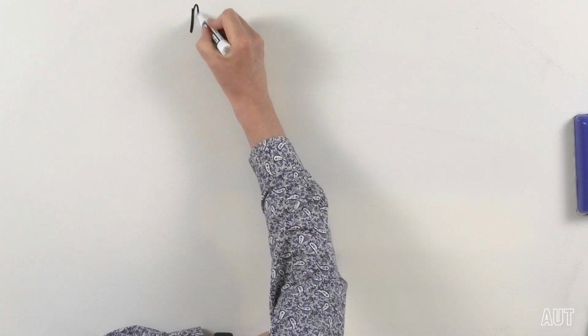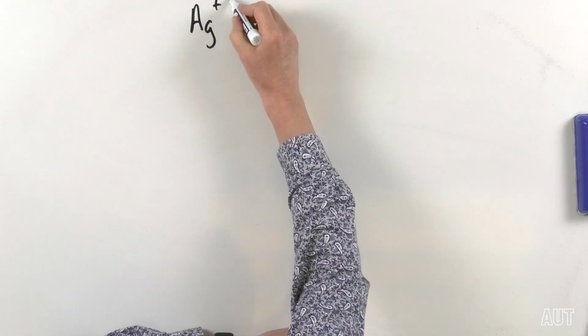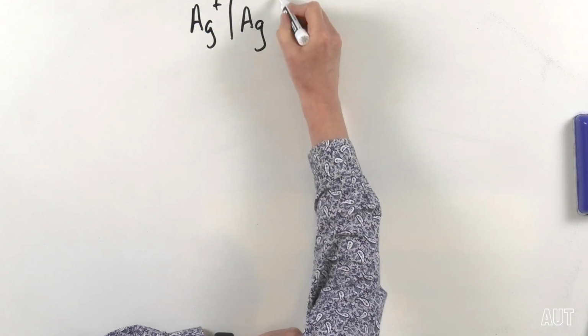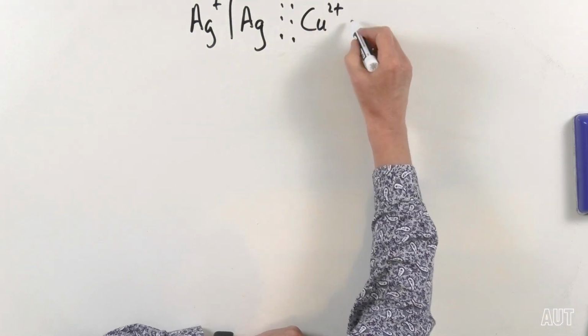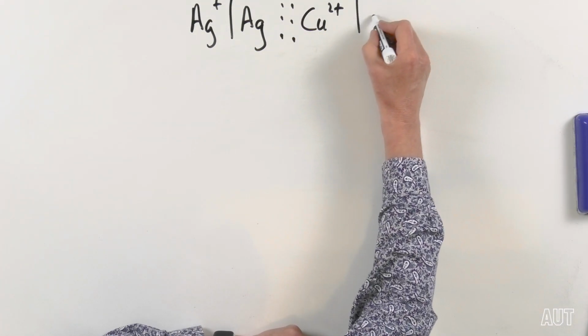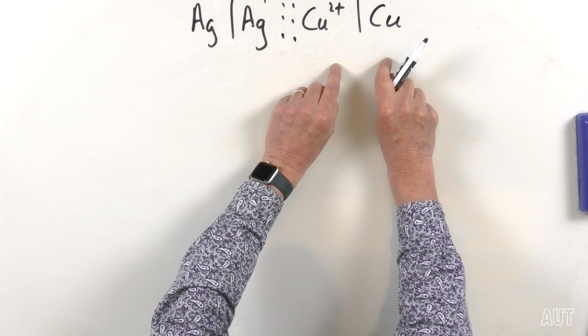Okay, so first up, let's have the silver one as the left-hand electrode. So silver plus going to silver and copper 2 plus going to copper. Let's write that as an oxidation, because that's the assumption. Remember, oxidation occurs at the left hand, reduction occurs at the right hand.